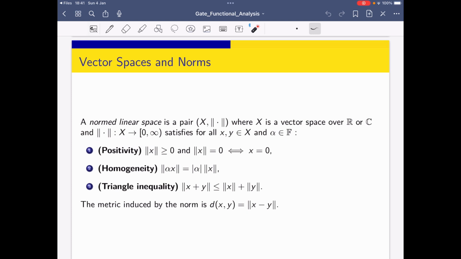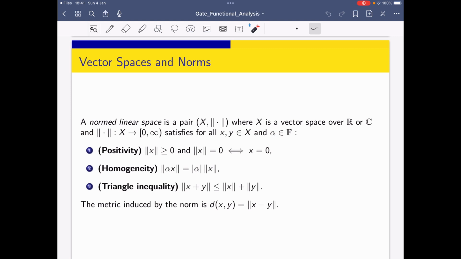First, when you check the value of x under this function, it should be positive, and it is equal to 0 if and only if x is equal to 0. This is called the positivity property.